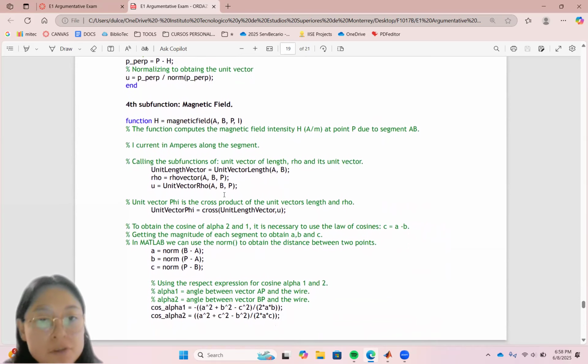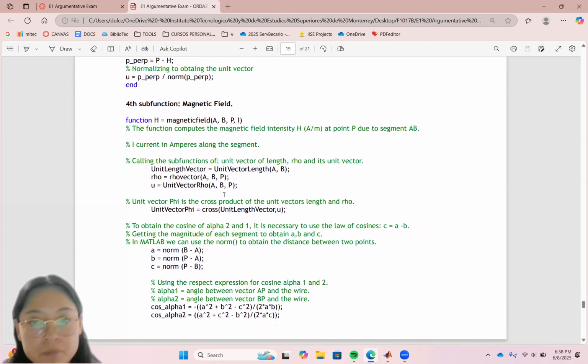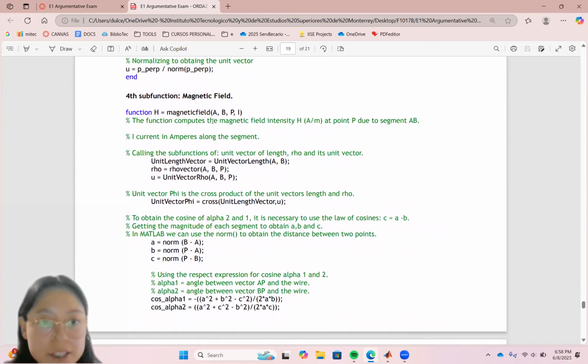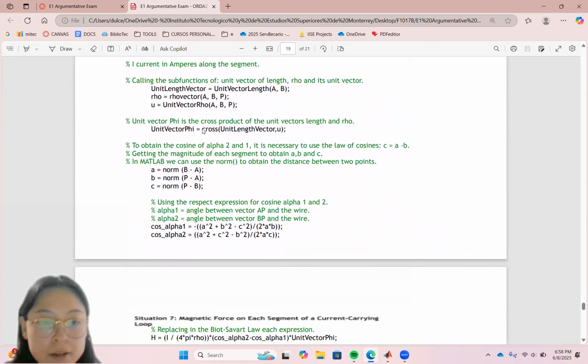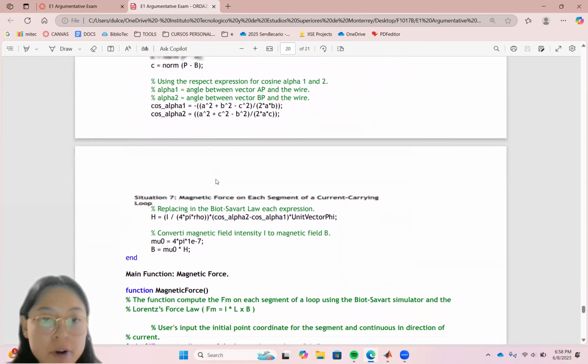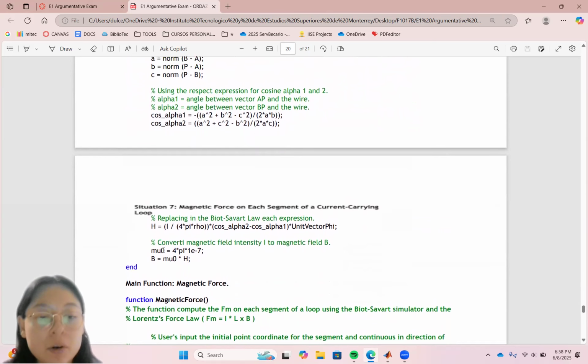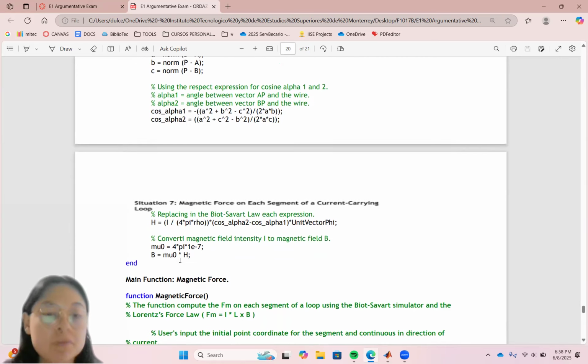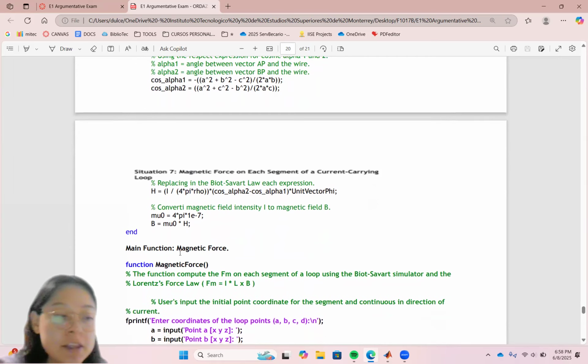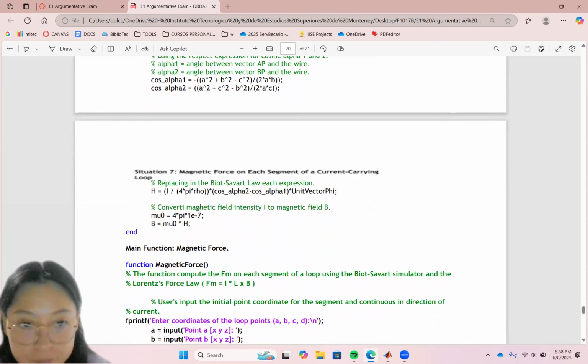For the subfunction for magnetic field, I use the same at the beginning, but at the end, I convert my magnetic field intensity H to magnetic field B. So I must use the permeability of free space constant, mu, and I just multiply my H times mu. This was the only thing that changed in my code.